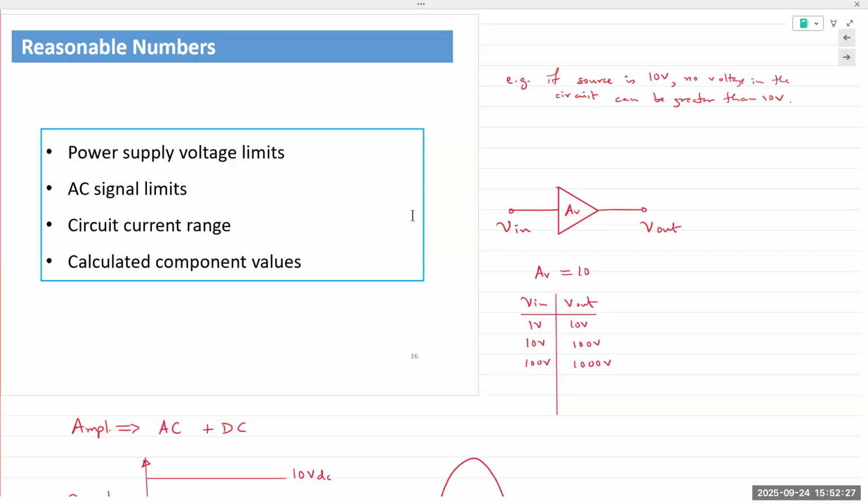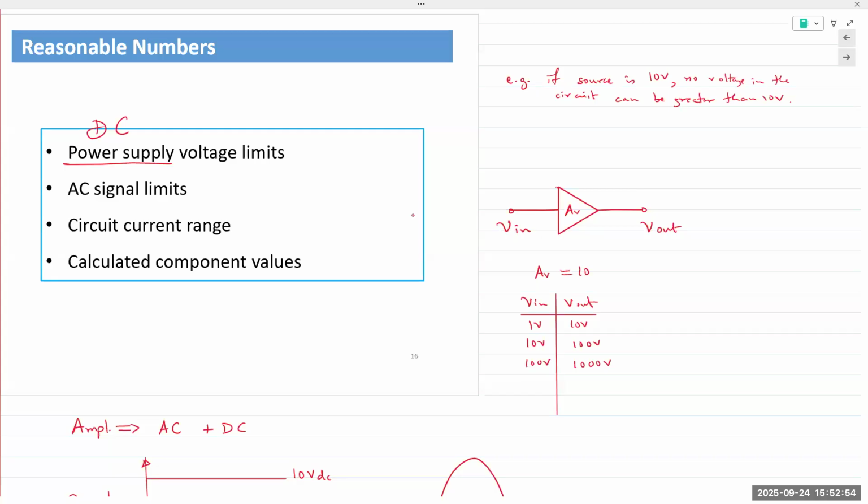So reasonable limits, reasonable numbers, mean that our output should be within our supply voltage limits. Power supply voltage refers to the DC power supply. Then there are AC signal limits, right? There are reasonable numbers that apply to both DC as well as AC.